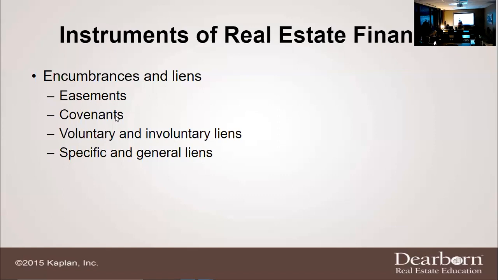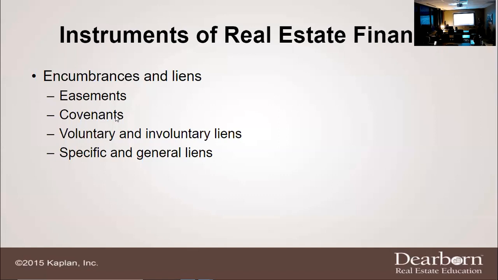Each one of these ultimately focuses upon the ownership of the property, how it's handled, how it's managed, who can sell it. All of these basically dictate your ownership in the property.